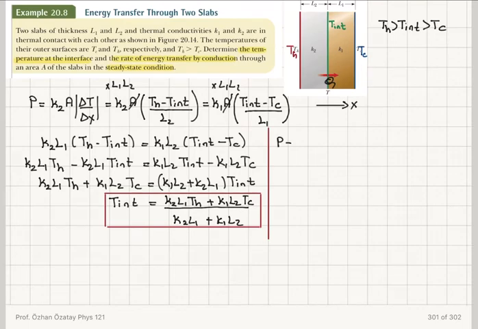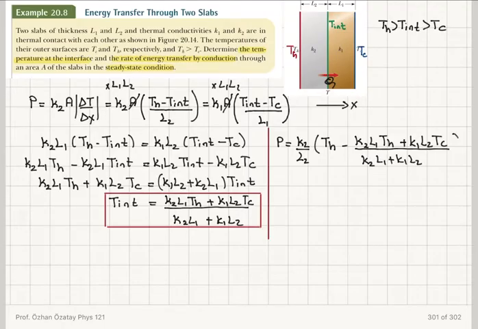The power is equal to K2 over L2 times T hot minus T intermediate. So it's going to be minus (K2 L1 T hot plus K1 L2 T cold) divided by (K2 L1 plus K1 L2). So I have substituted this result here.